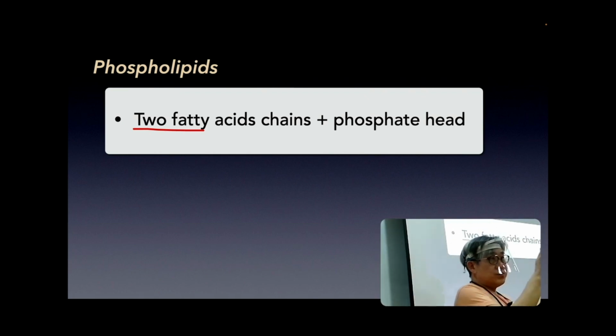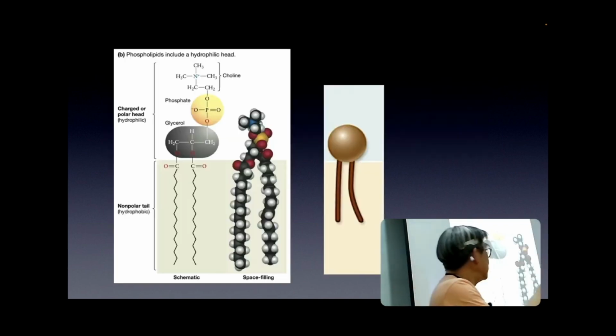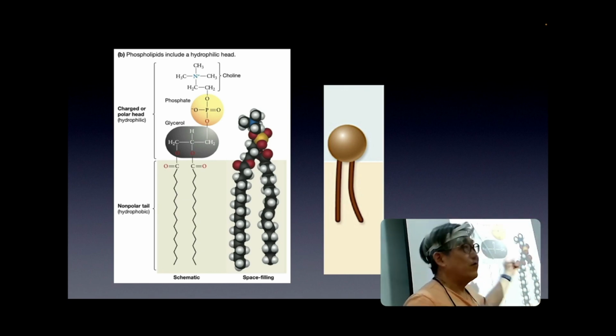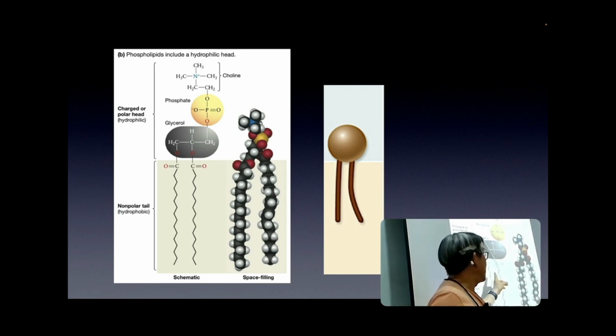Unlike the case of fat, where all 3 regular fatty acids are plugged in, in the case of phospholipid, these 2 are regular fatty acid chains, and you still have one more room here, but that one plug is moved upward and is doing something else, occupied by a phosphate. That's why it is called a phospholipid.